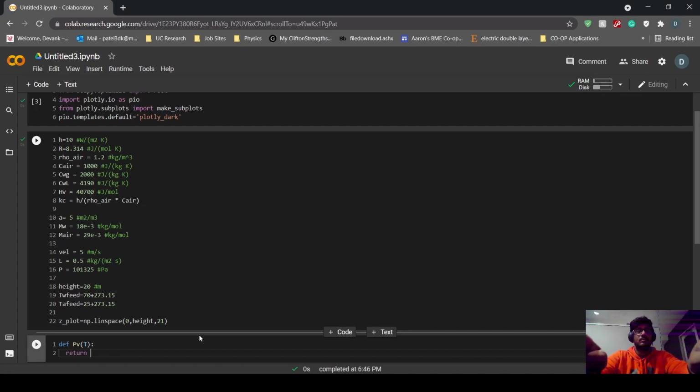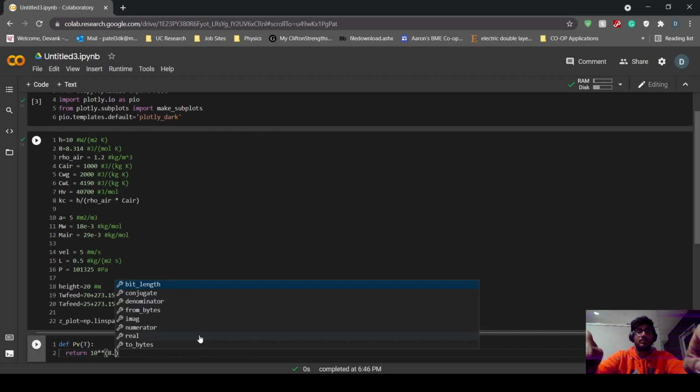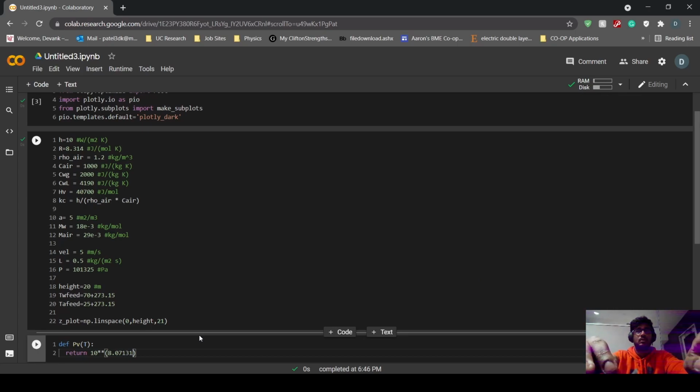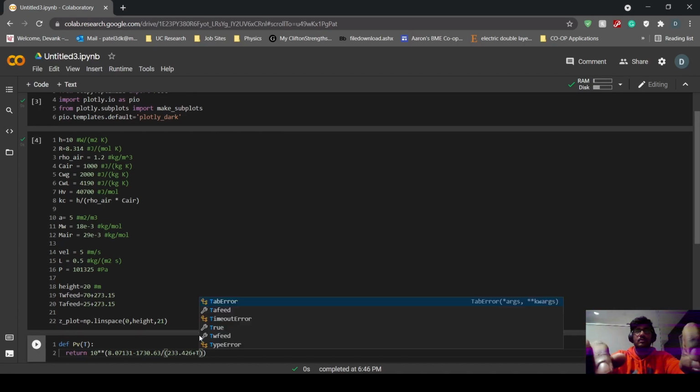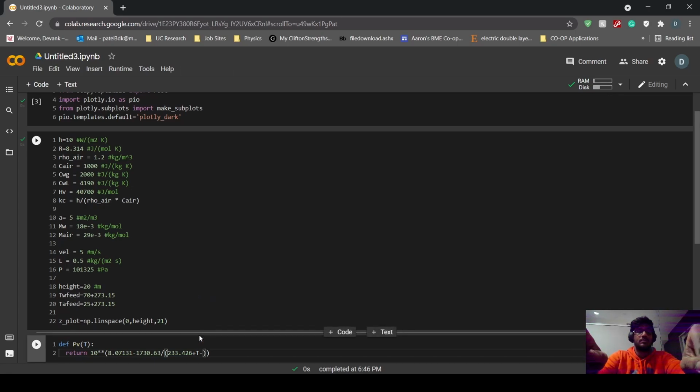the Antoine equation, which is 10 raised to the 8.07131 minus 1730.63, divided by 233.426, and we're going to add the temperature variable in, and we're going to subtract the 273.15 because now we want to put it back in degrees Celsius.